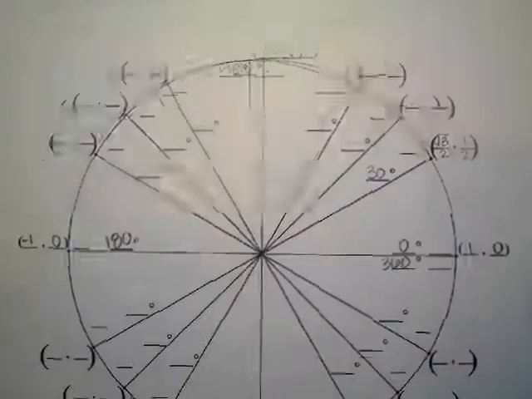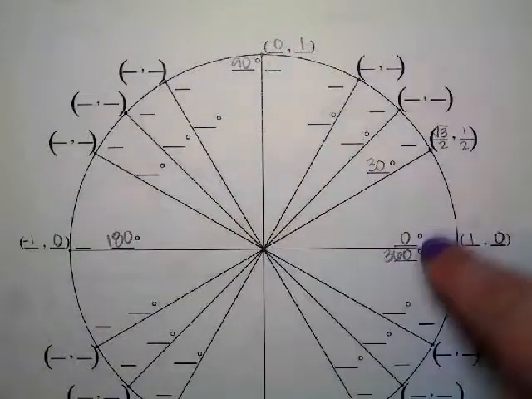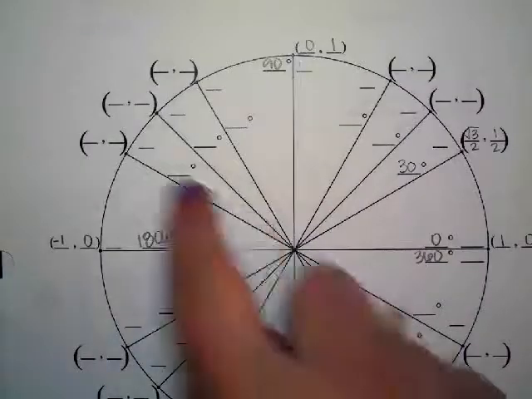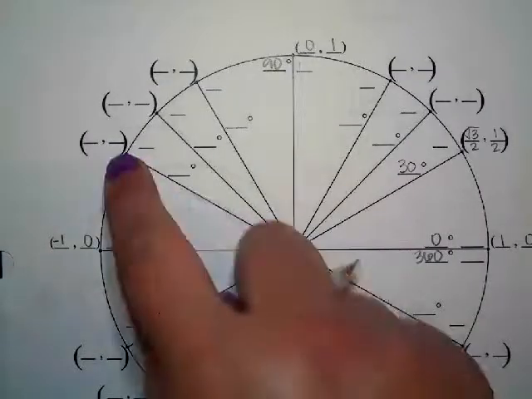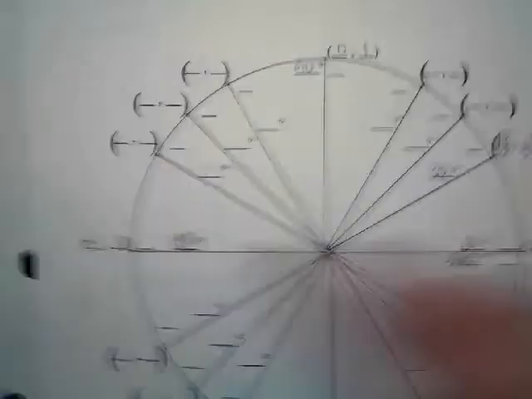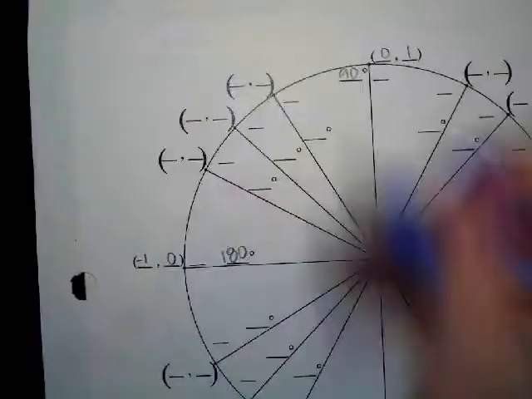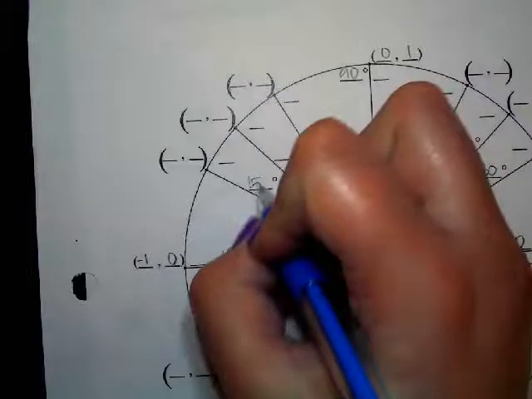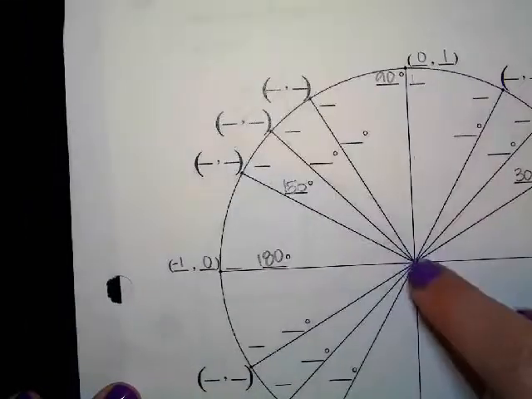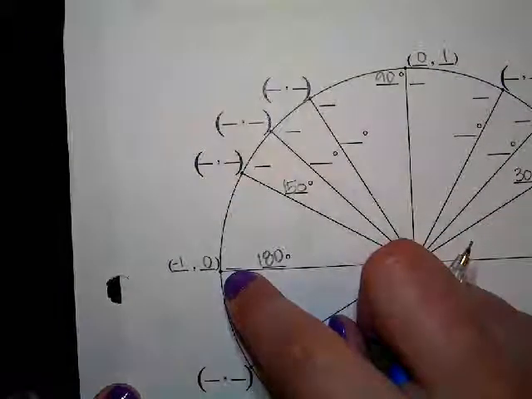Okay, now here's the triangle right here, but that same triangle is actually over here as well. So we've got 30 degrees. Now 180 minus 30 degrees, that's 150 degrees. So left √3 over 2, up 1/2.